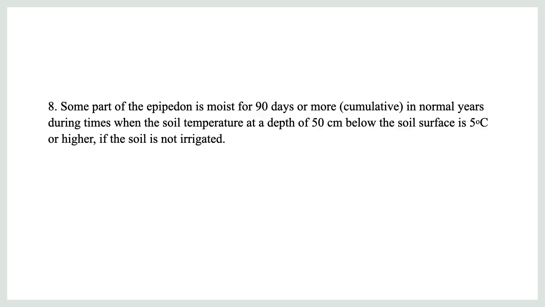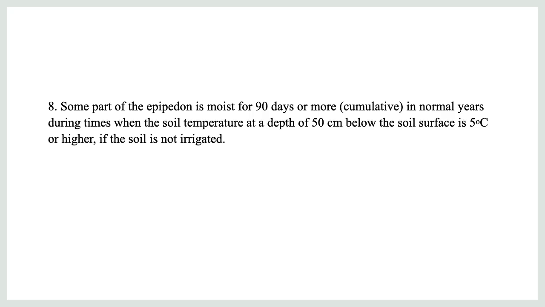Oh, and the last of these criteria is that some part of the pattern is moist for 90 days or more cumulative days, okay, in normal years during times when the soil temperature at a depth of 50 centimeters below the soil surface is 5 degrees Celsius or higher, if the soil is not irrigated.